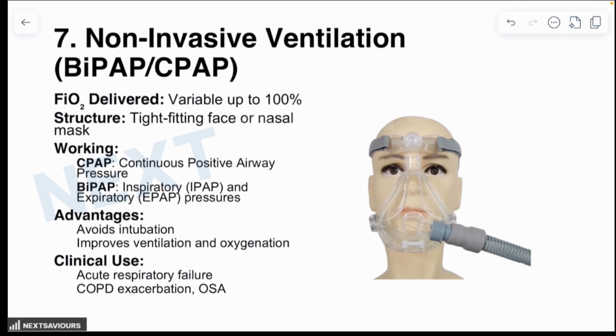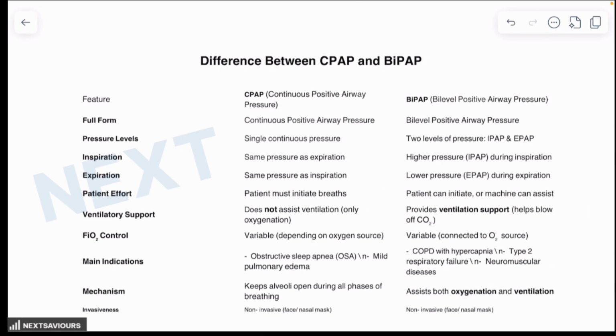Something that you are already aware of are the non-invasive ventilatory devices, which are BiPAP and CPAP. The major difference between BiPAP and CPAP is that CPAP is continuous positive airway pressure, while BiPAP is bi-level positive airway pressure. What is the basic difference between the two? The variance in the pressure levels.